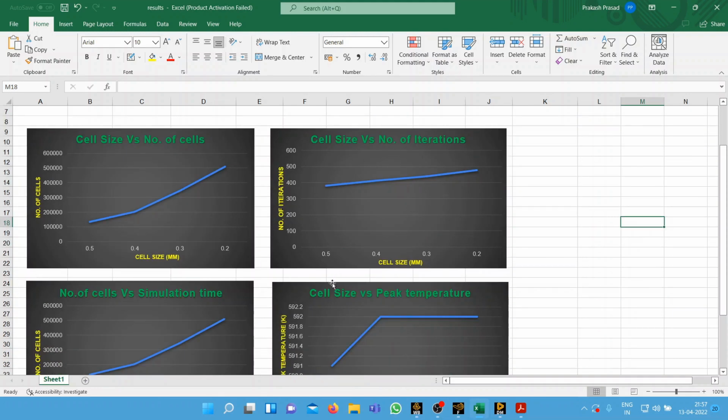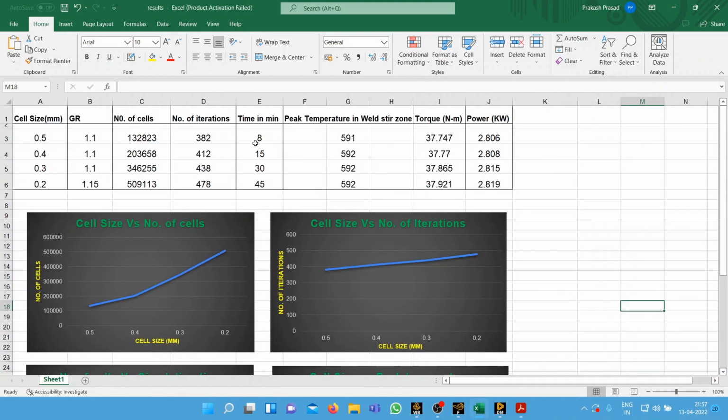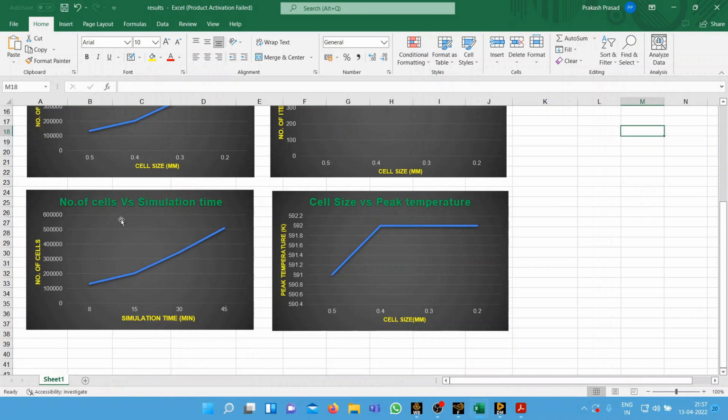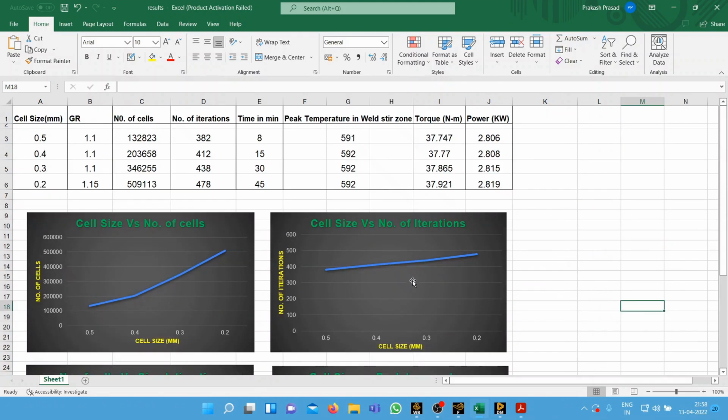Cell size versus number of iterations gradually increases, not much difference. The simulation time increases exponentially: initially 8, then 15, 30, then 45 minutes with the number of cells, and the peak temperature remained constant.